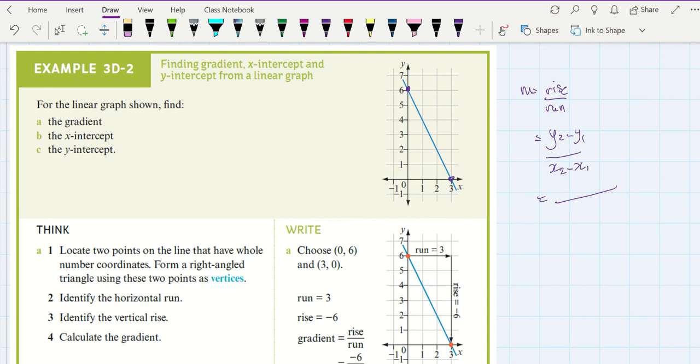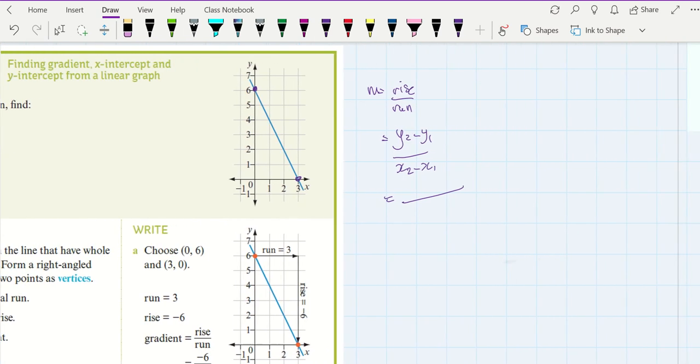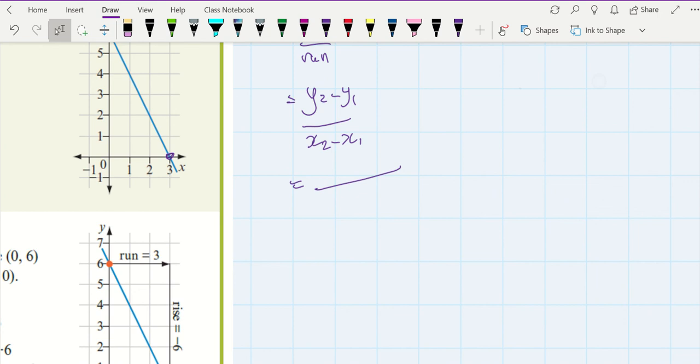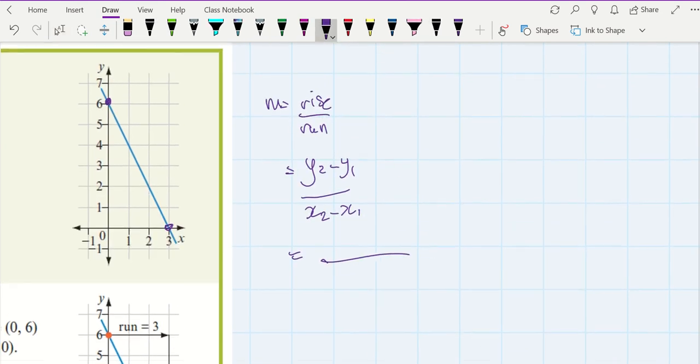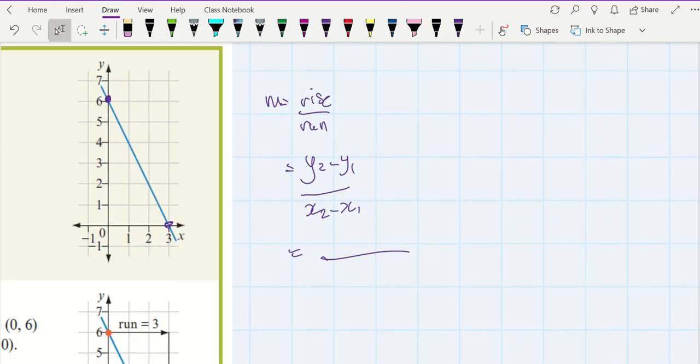But because they cross the axes, I'm going to make it a little bit easier for myself and use those intercept points. So what's my x1 and y1? This has got to be this one up here, isn't it? So x1, y1: my x variable is 0 and 6. Down here is my x2, y2.